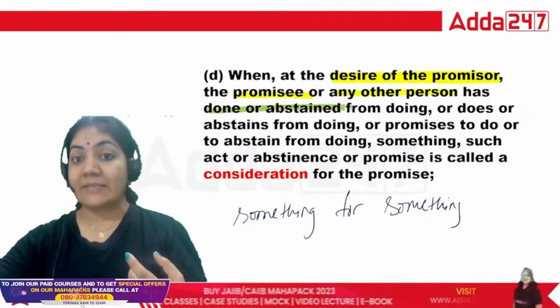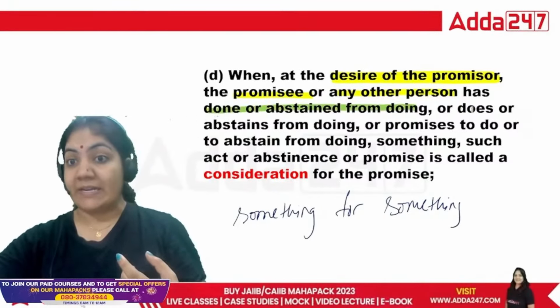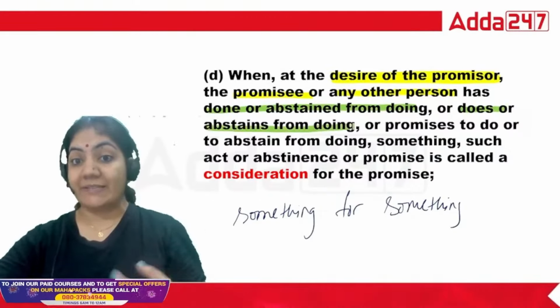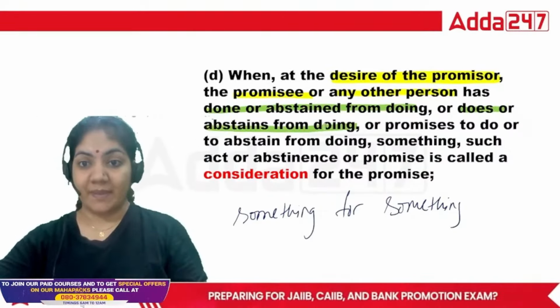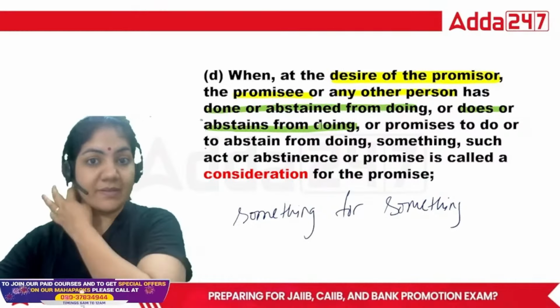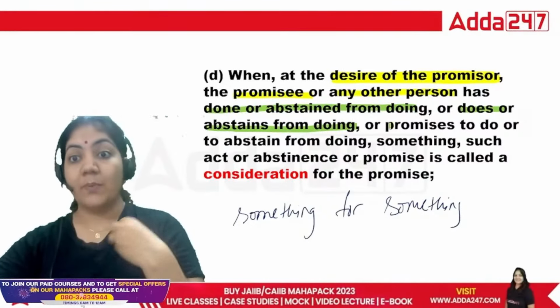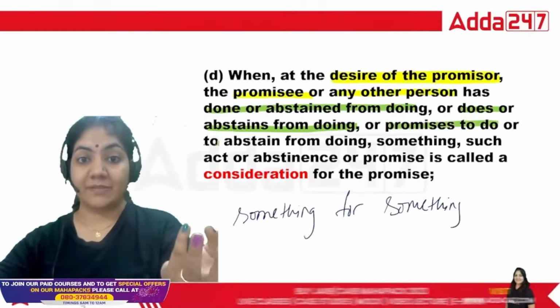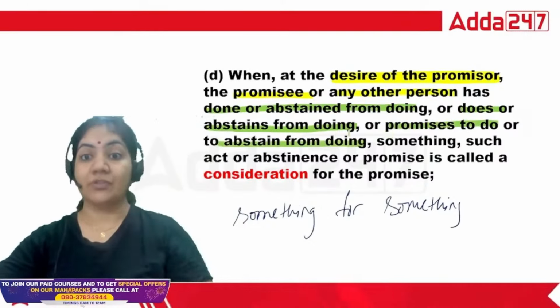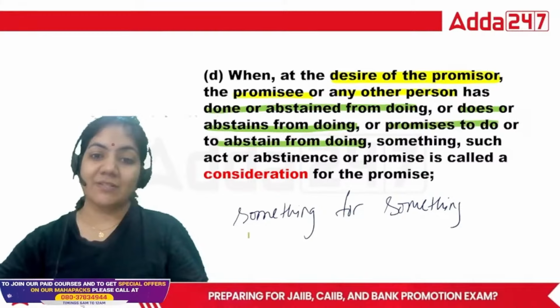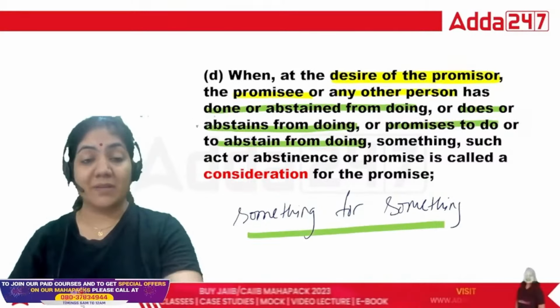This is past consideration. Does or abstains, this is present. Promises to do or abstain from doing, that is future. I have taught you that consideration means something for something.